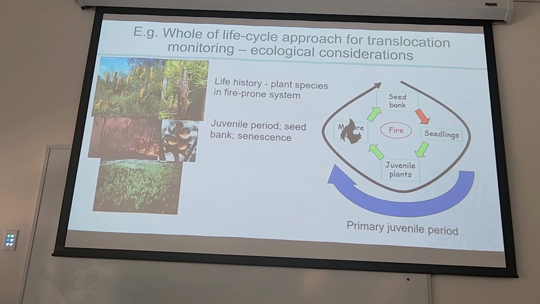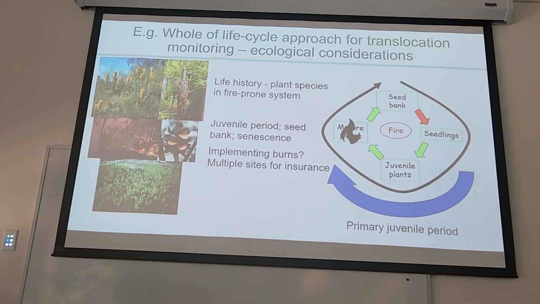And now what happens? As Leonie showed in a couple of her talks, you can go in and burn the site if fire is one of those key elements. This can inform what happens if there's a failure, given all the work that's gone into putting this there in the first place. So you have to think, I need multiple populations, or at least burn a part of the population first.